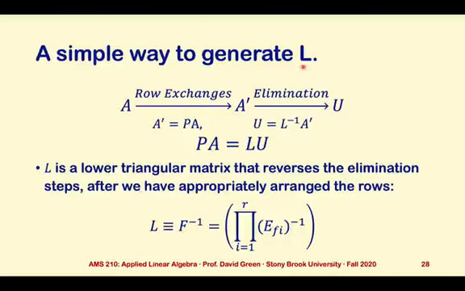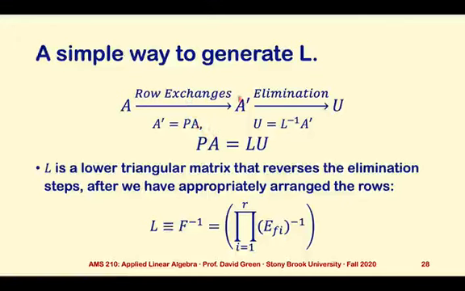We remember that LU decomposition really is a representation of a process outlined by this schematic. We start with a matrix A. We do all of the row exchanges that we might need up front, giving us A prime. This is represented by a permutation matrix P, where A prime is given by the PA product.